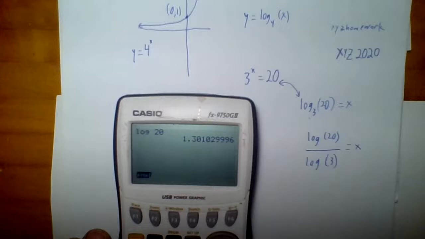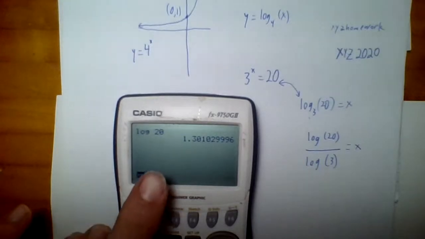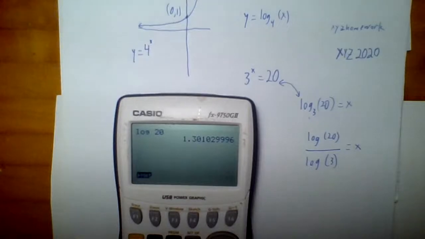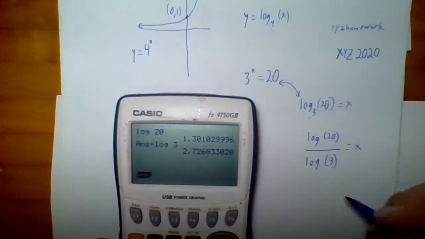Since this is base 10, the log of 10 would be 1. So the log of 20 is a little bit more than 1. But I need to do that divided by the log of 3. So I'm going to just take that answer divided by log of 3. It comes out to 2.72.